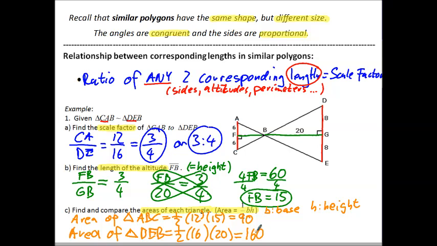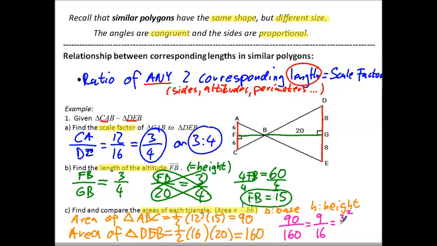But we're also supposed to compare the two areas. So let's create a ratio of those two areas. 90 over 160, which we can reduce to 9 over 16. And 9 and 16, as we see right away, are perfect squares, right?